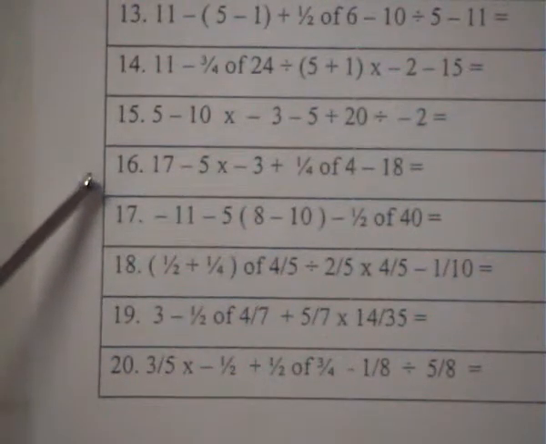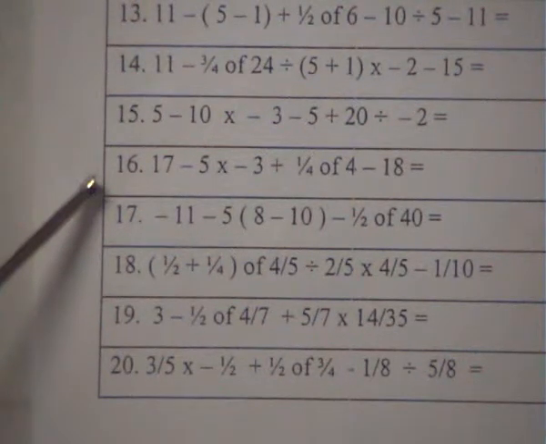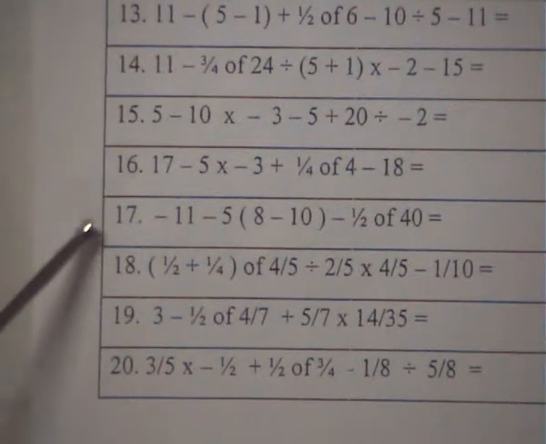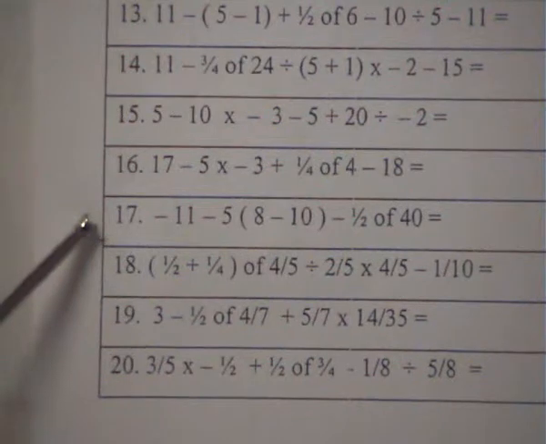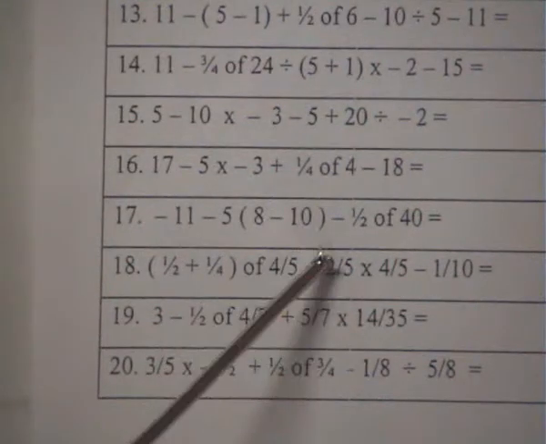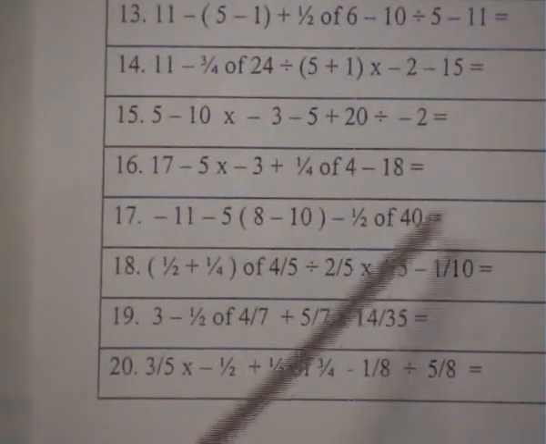Number 16, 17 minus 5 times minus 3 plus 1/4 of 4 minus 18. Number 17, minus 11 minus 5 open bracket 8 minus 10 close bracket minus half of 40.